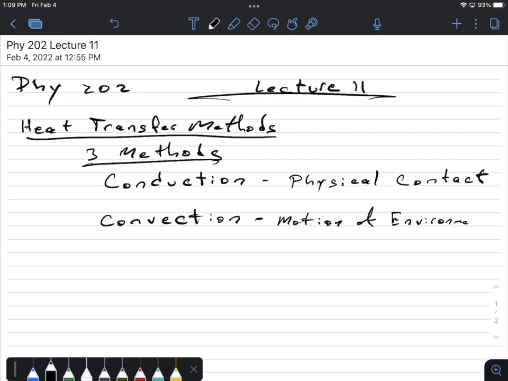Now, there's a couple of examples we can use for this. The first is the sun. The sun is, of course, a big ball of gas, hydrogen gas, and others, helium and other things, that's undergoing a bunch of nuclear reactions. And that's why it's hot, and that's why it burns, and that's why it gives off light.